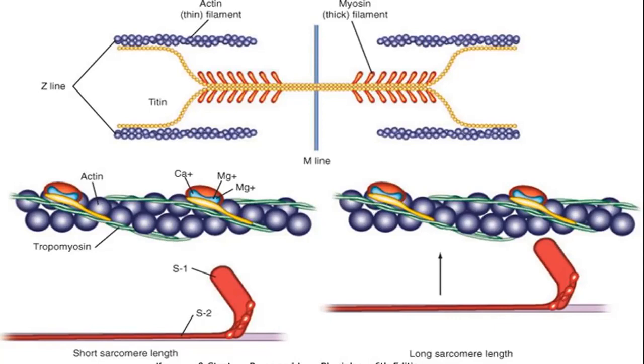This calcium helps in opening the ryanodine receptor channels present in the sarcoplasmic reticulum. So calcium influx causes release of calcium from the sarcoplasmic reticulum. This is known as calcium-induced calcium release.